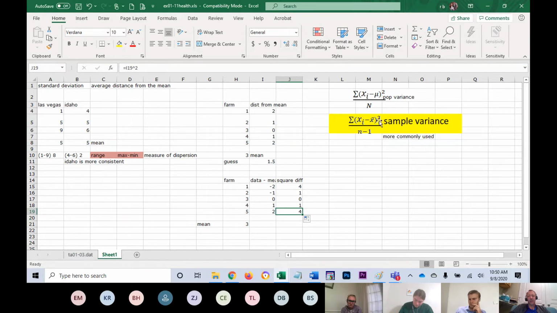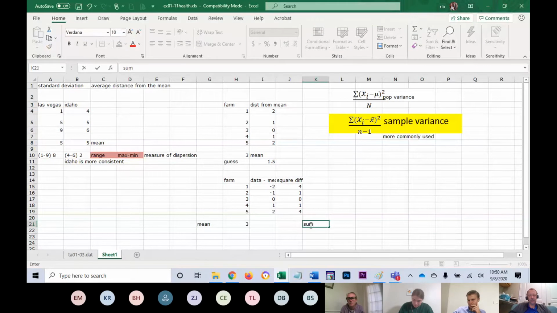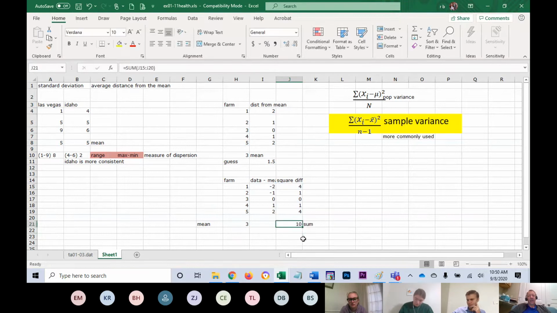So I've just done the parentheses and the exponent, and now whenever you see this weird looking E, it's actually the Greek letter sigma. Whenever you see this sigma, what it means is you're going to find the sum, okay? So I'm going to find the sum of all of these squared differences, and the sum in this case is 10, okay?